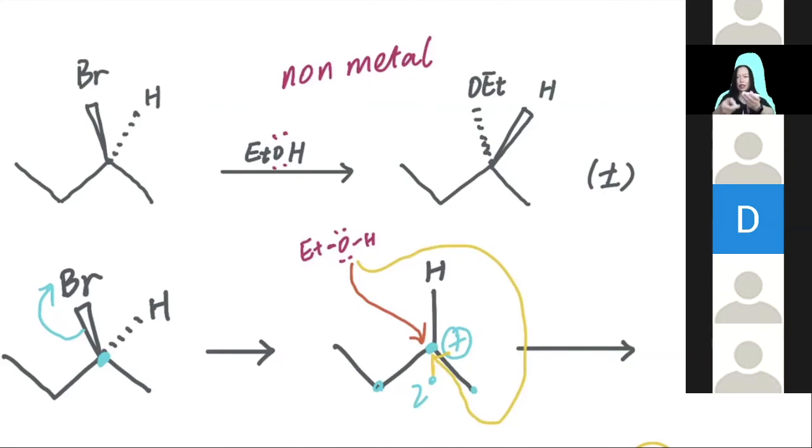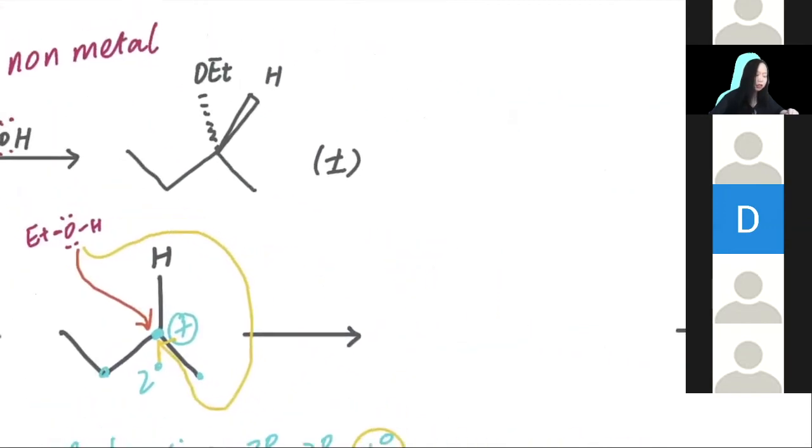So just imagine it's still my pen, that is the center carbon, my Apple pencil, and my pen. And my nucleophile can attack from the top or can attack from the bottom. So you are going to have 2 different results.